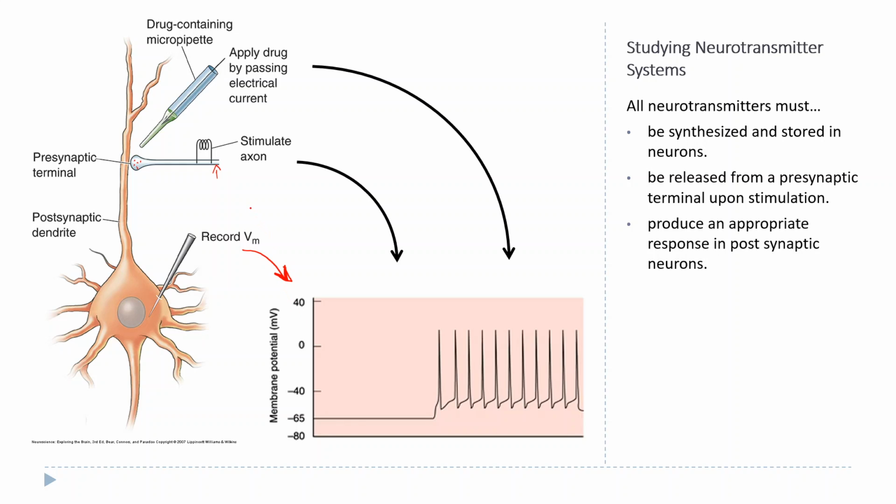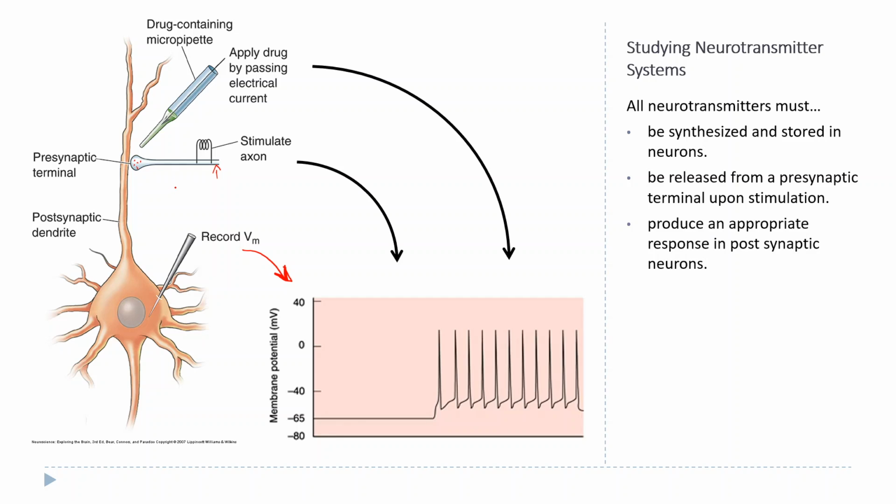Now what we have to do is ask, does our candidate neurotransmitter do the same thing? To figure that out, you usually do this in a culture dish or a brain slice that's being kept alive, and you apply a small amount of your candidate neurotransmitter to the neuron.